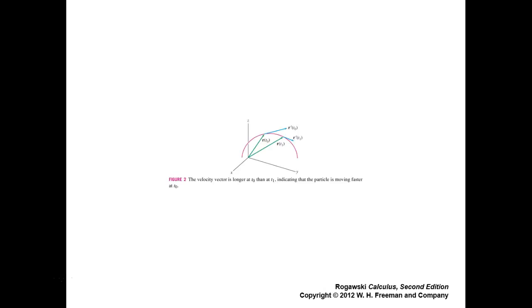Find the speed at time t equals 2 seconds, and the s is the abbreviation for seconds, of a particle whose position vector is r of t equals t cubed i minus e to the t j plus 4t k.